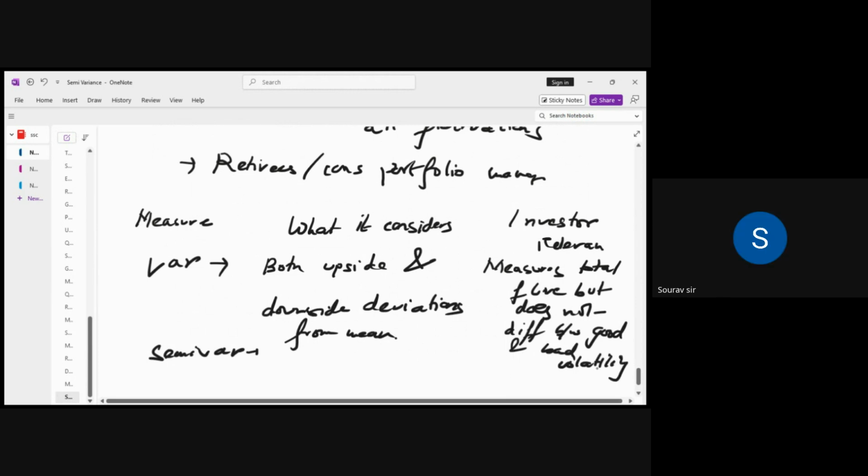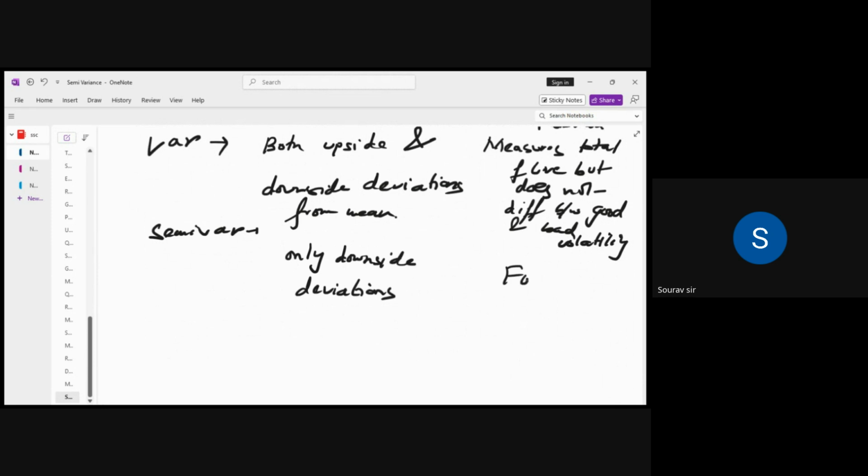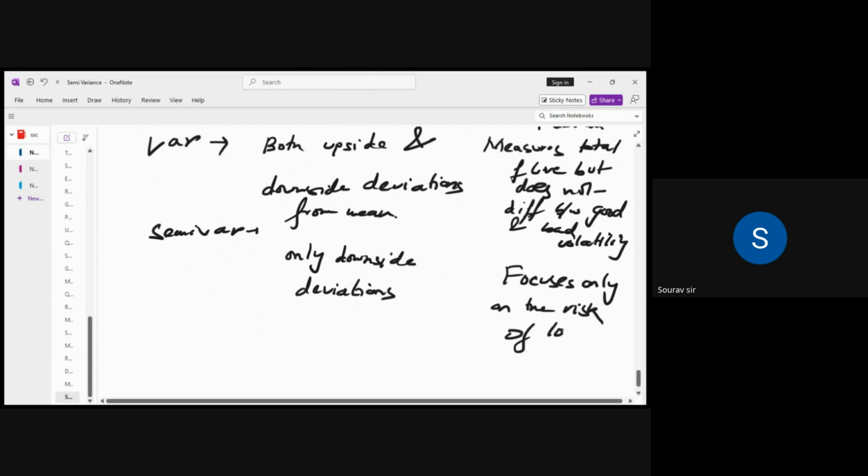And according to semi-variance, it is only downside deviations, and it focuses only on the risk of losses. So investors do not worry about higher than expected return, but they dislike the loss. So semi-variance aligns better with real-world risk perception.